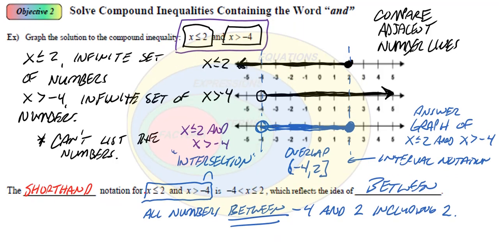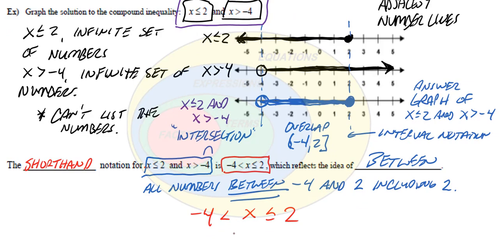And the shorthand notation actually puts these inequalities together: -4 less than x less than or equal to 2. If you think about the word between, x in this inequality notation is actually between. We could read this notation from the middle: you have x less than or equal to 2, so that's this part.